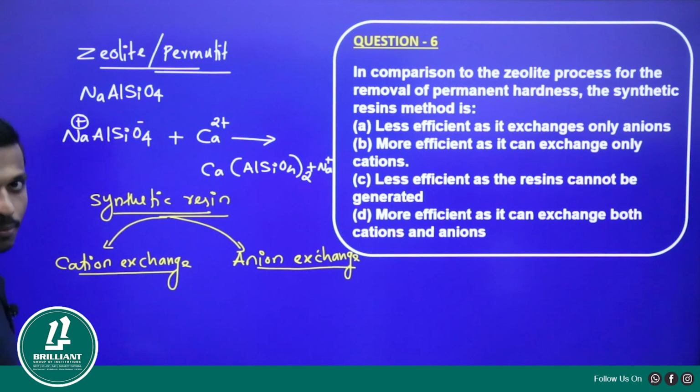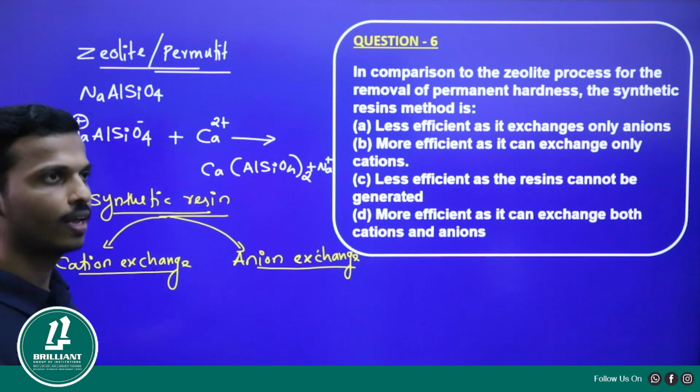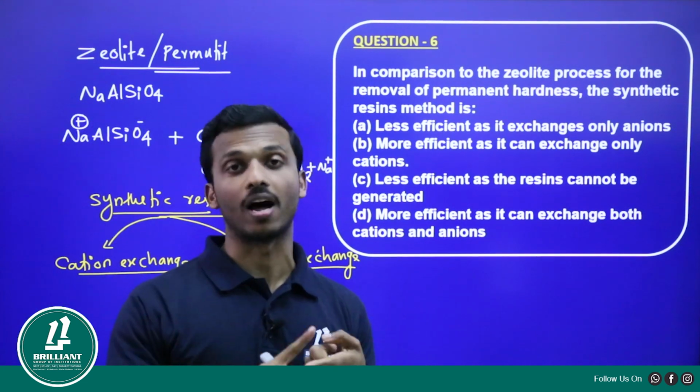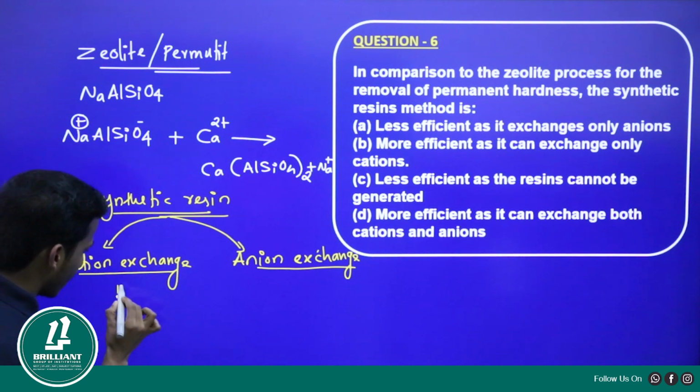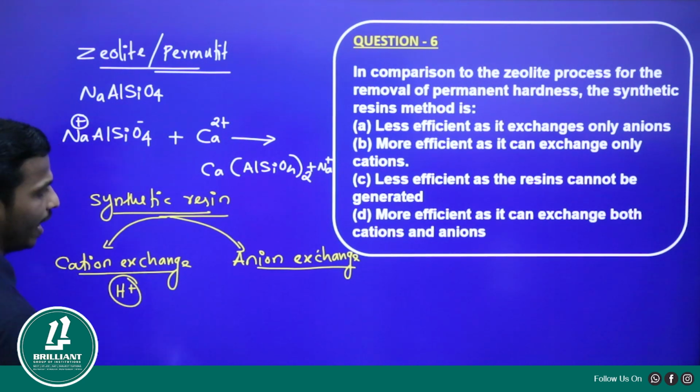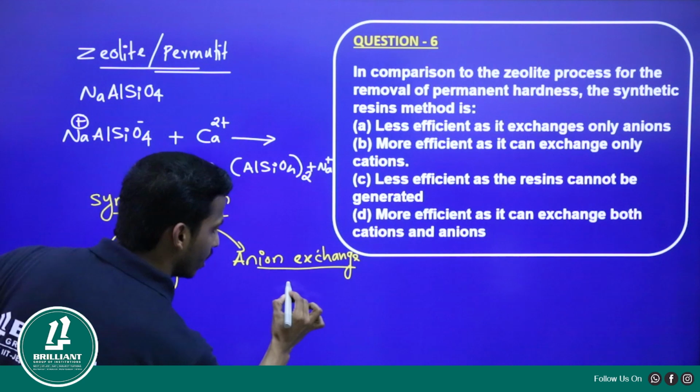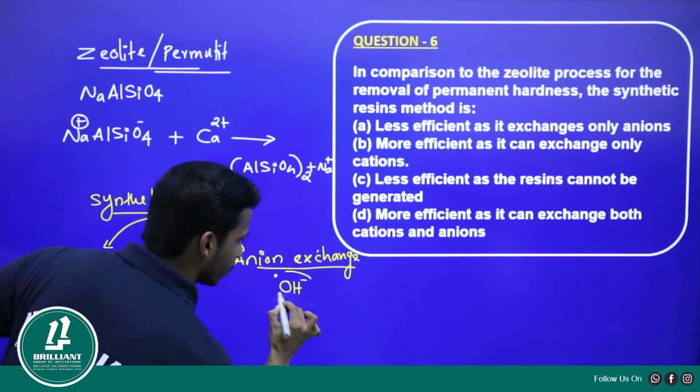Okay, let's study them in detail. Cation exchange resin contains a cationic part, especially an acidic part, which means it contains H+ ion. But an anion exchange resin contains a basic part like OH−.